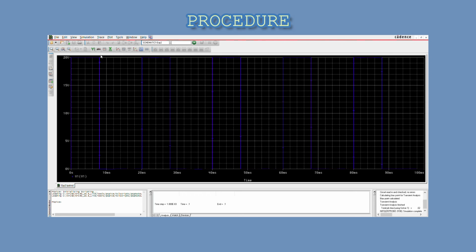It is observed that the input voltage has a waveform of square waves or pulse waves with an amplitude of 20 volts. It is also observed that one cycle occurs at every 20 milliseconds. So after 20 milliseconds, another cycle occurs.